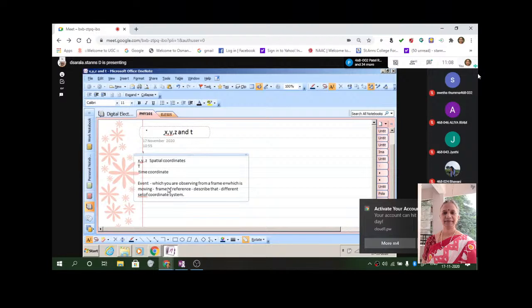This coordinate system is completely different from the previous one.